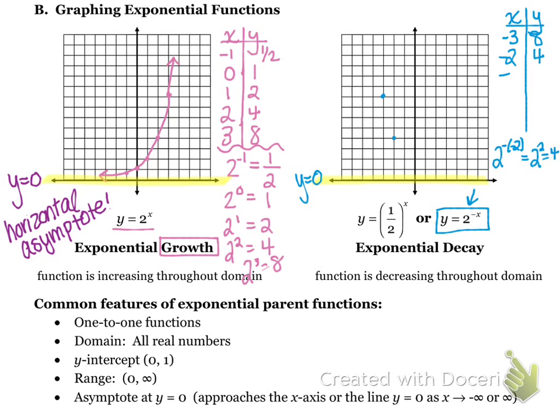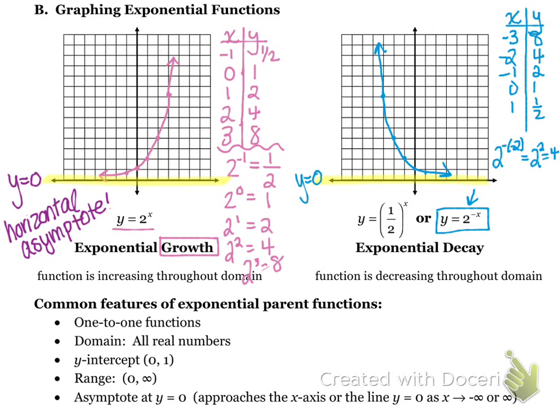And then this would continue, and I can continue with -1 and 0. -1 would be 2. 0 would be 1. And then if I want to go one step further, 1 would be 1/2. And I have enough here that I can make a curve for exponential decay.